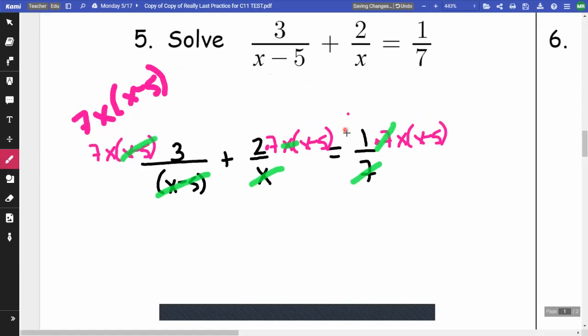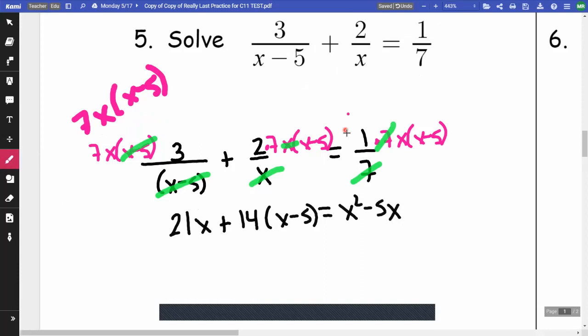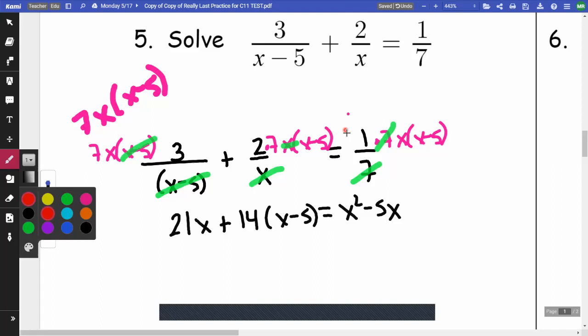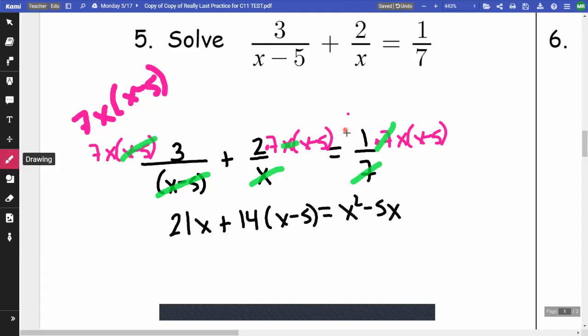Oh, and I have to give my restrictions, but let me just write this out real quick. 21x plus 14 times x minus 5 is equal to x squared minus 5x. Quick little note again, I did not do my restrictions. So x cannot be 5 and 0. This 7's a 7. There's not going to be anything else, so we don't need a restriction for that.